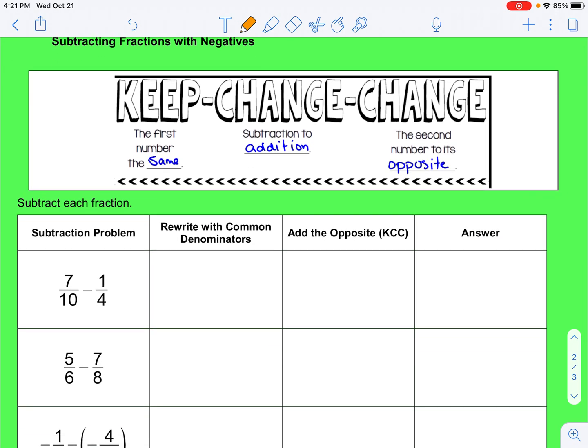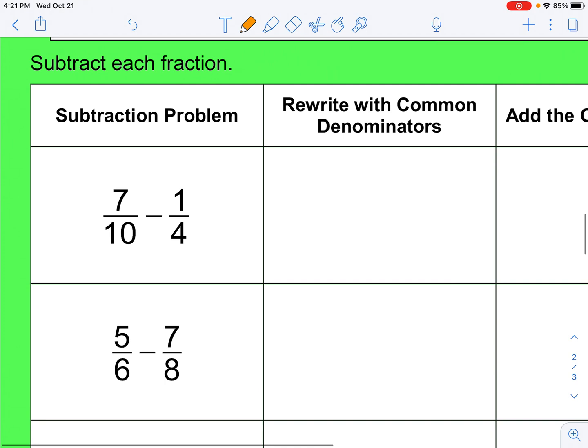So now if you notice, there's keep, change at the top. That's exactly how we're going to solve subtraction problems when we have negative numbers. It makes it so much easier than trying to figure out what your answer would be. Alright, so the first thing we need to do when we are subtracting is we still need to find common denominators.